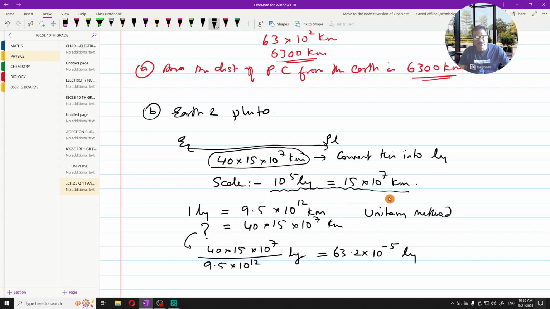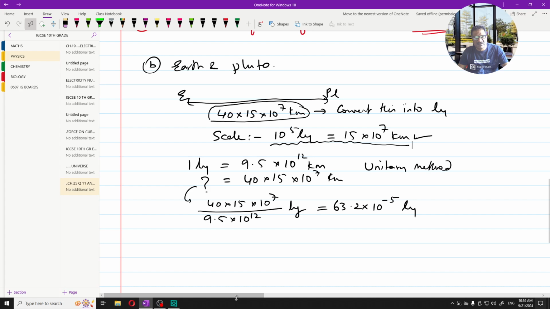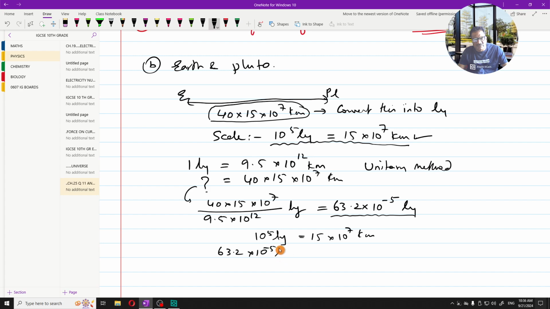Now I'm going to use this scale. The scale says that 10 raised to 5 light years is equal to 15 into 10 raised to 7 kilometers. Therefore, we have got 63.2 into 10 raised to minus 5 light year.